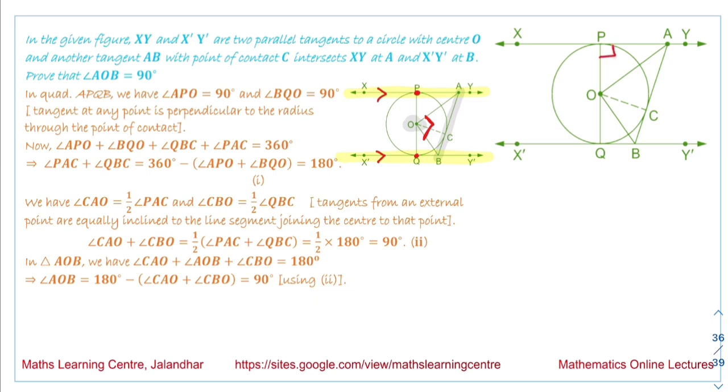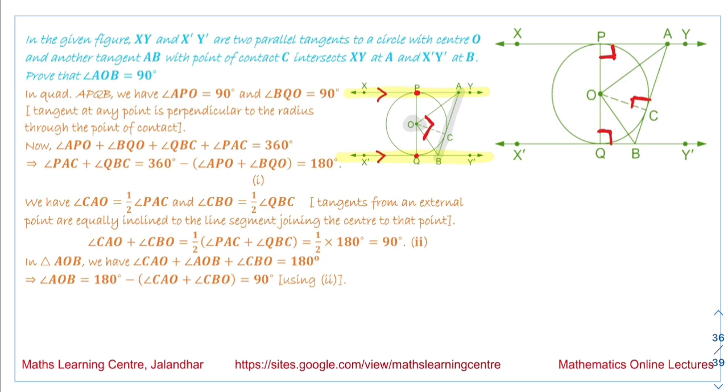Now the angle at P is of measure 90 degrees. The angle at Q is also 90 degrees, because these are the radius and the tangent. AB is the tangent, OC is the radius, so this angle is also 90 degrees.